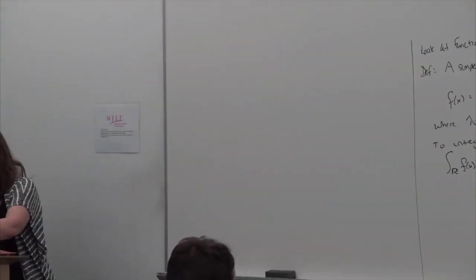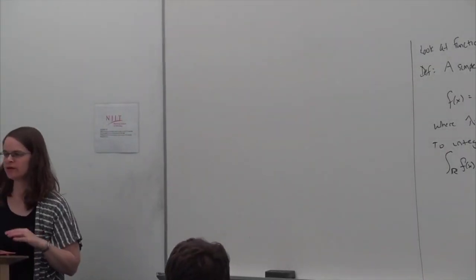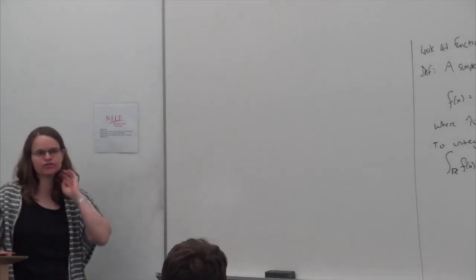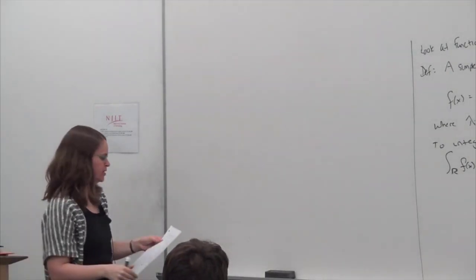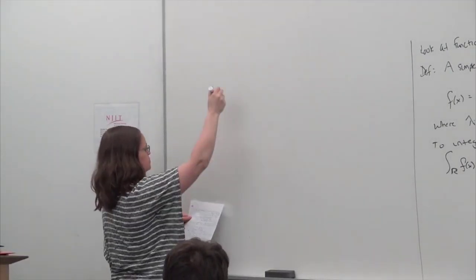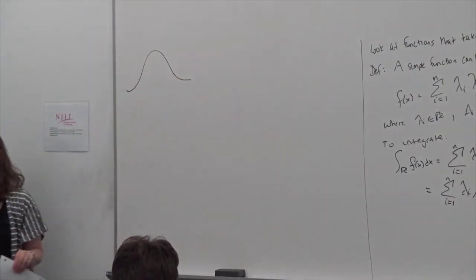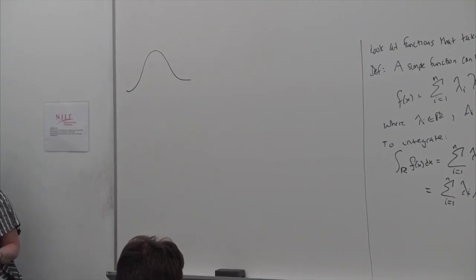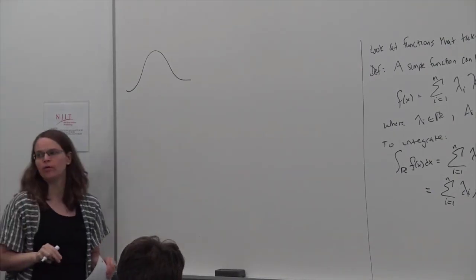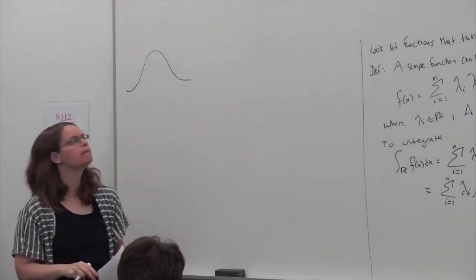So what we're actually going to do, I'm going to start with non-negative functions. We'll get to non-positive functions or mixed functions later. Let's start non-negative. I have a function, and what I'm going to do is approximate this from below by simple functions. And we'll talk in a minute about why I'm choosing to approximate from below.